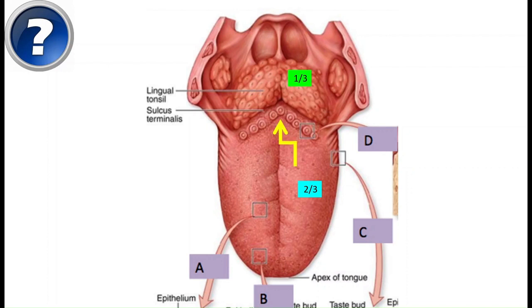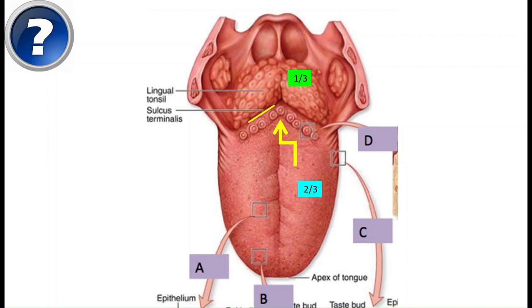And then at the middle of the sulcus terminalis we have a remnant of a foramen, and this foramen is going to give rise to the beginning of the development of the thyroid gland.